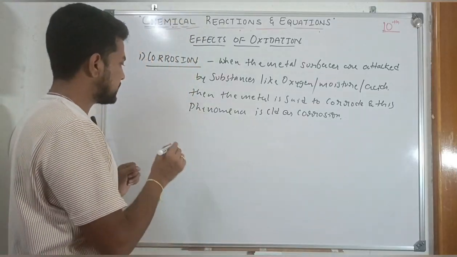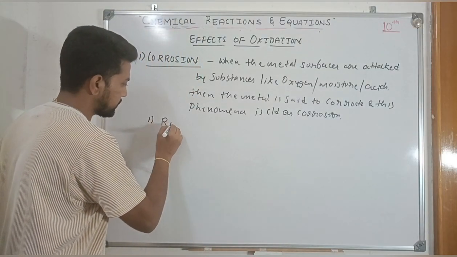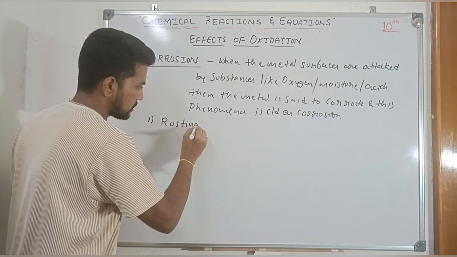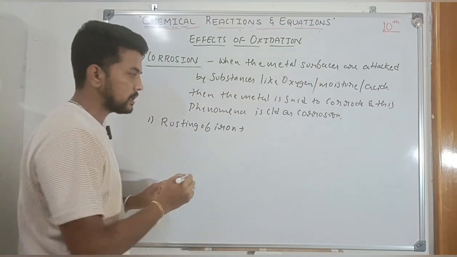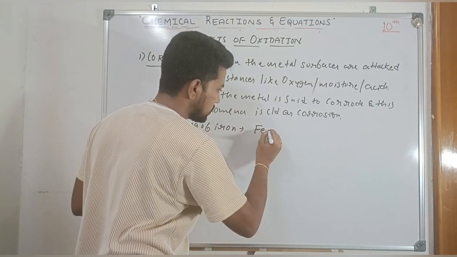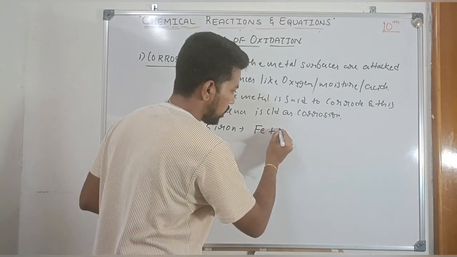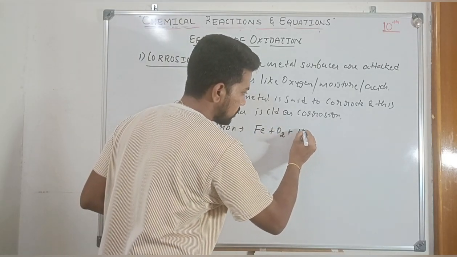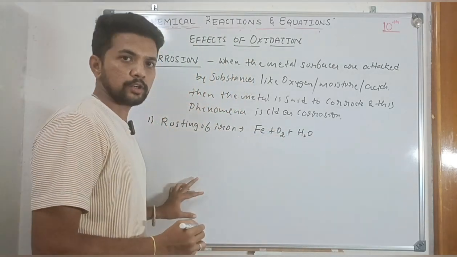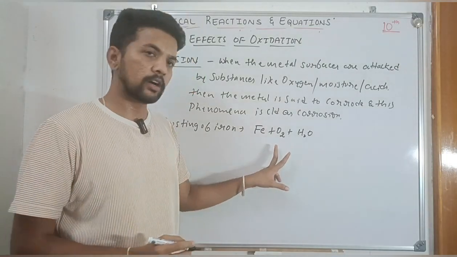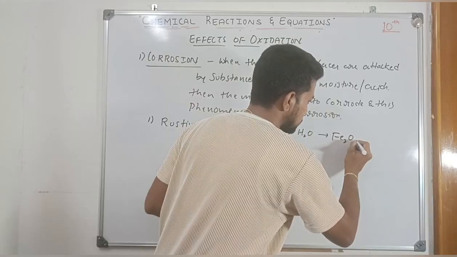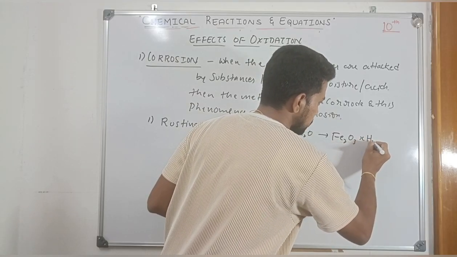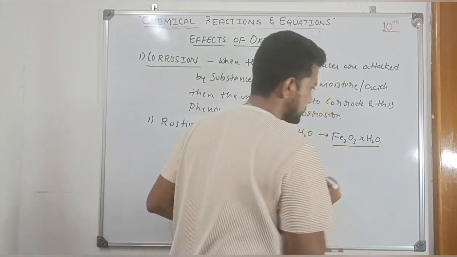So one of the easiest examples for corrosion is rusting of iron. So when the iron reacts with oxygen and moisture, there is a formation of rust, that is nothing but Fe2O3.xH2O.